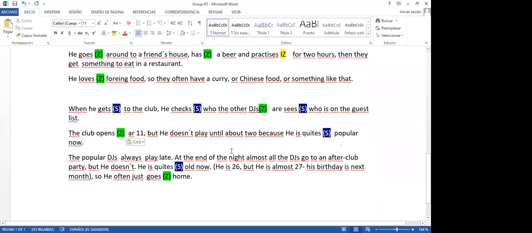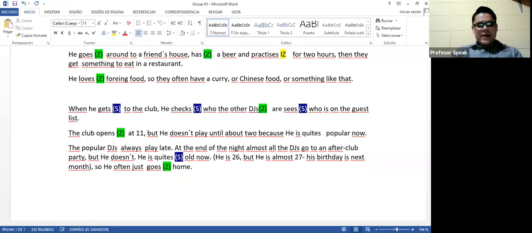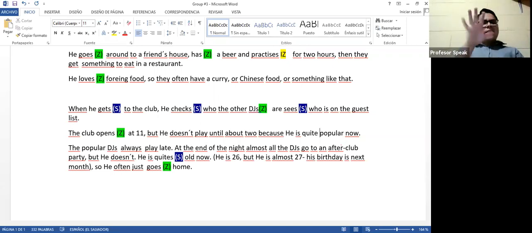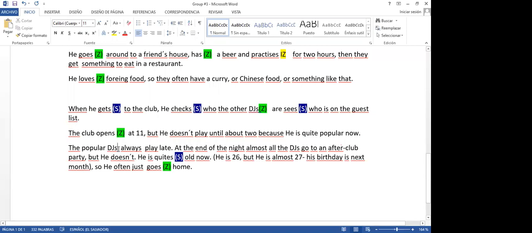Opens at 11. But he doesn't play until about 2 because he's quite popular now. In this case, it's not necessary because quite is not a verb right here. It's an adverb. He's quite popular now. Okay, continue. The popular DJs always play late.